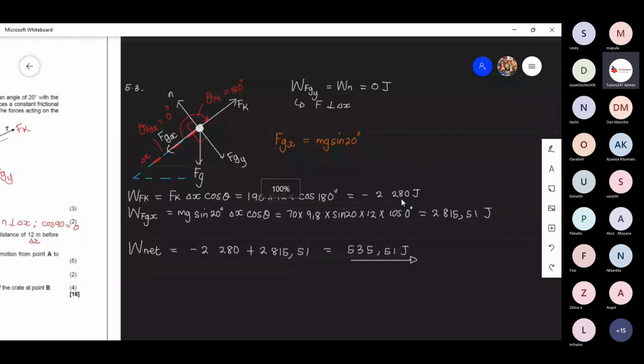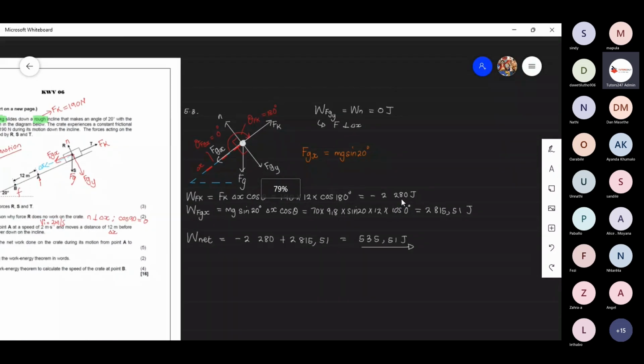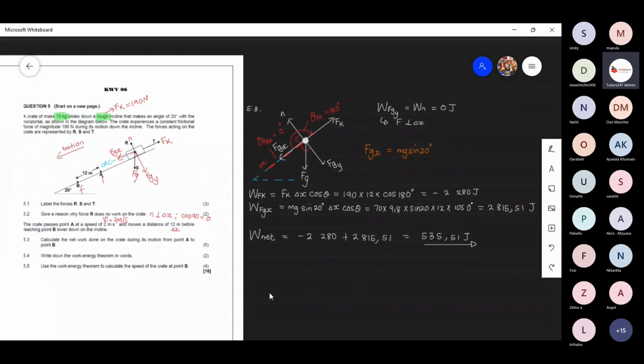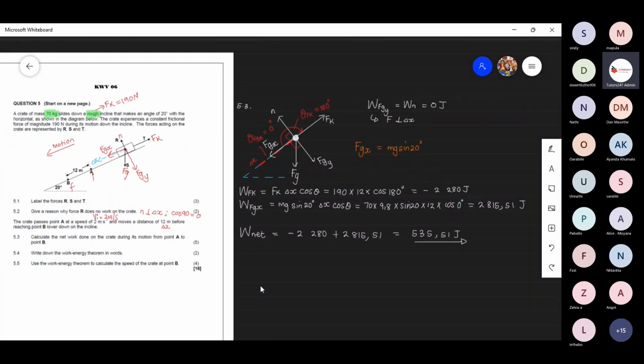So how did we find that net work? Our first task was to draw a free body diagram so that we are able to easily identify the forces acting on the object as well as our angles of theta. We then calculated the work done by frictional force and the work done by Fgx, and added them up to get the net work. Okay, so a quick recap on theta.